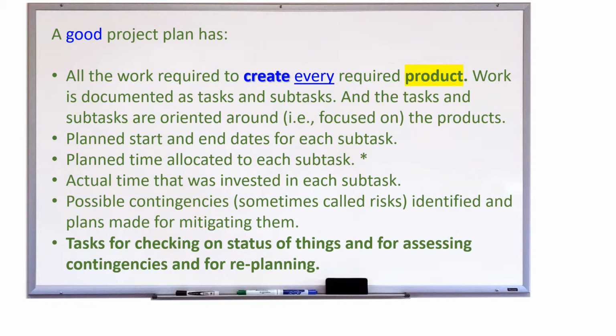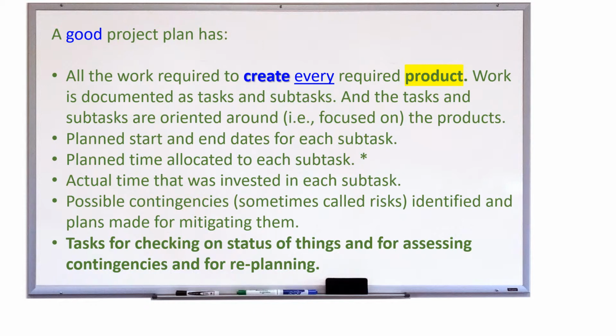So let's focus in on what a good project plan has for this particular project that you are managing. All of the work required to create every required product has to be included in the project plan. And work is documented as tasks and subtasks.